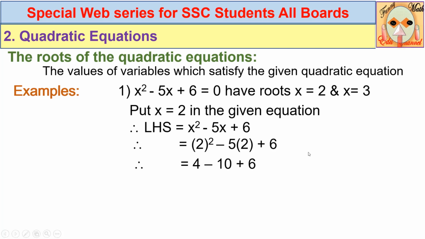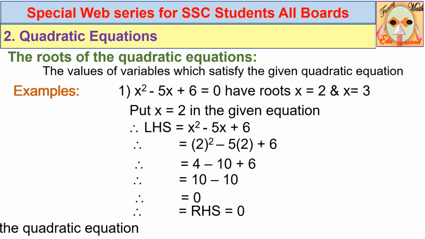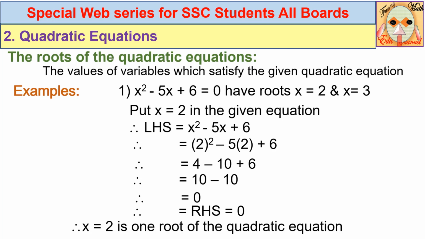Now next you add these two, 6 and 4, you get plus 10 and that minus 10. Now the next step, 10 minus 10 you get, and that is equal to 0. This is the calculation of the left hand side by putting x equal to 2, and this calculation is equal to the RHS which was given to you, and hence we say that x equal to 2 is one root of the quadratic equation.